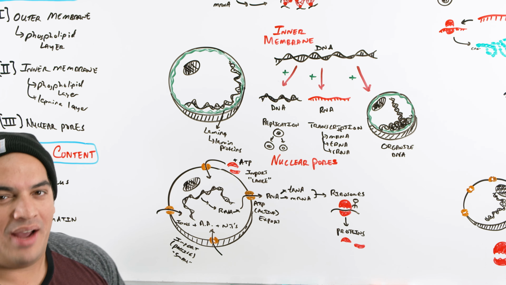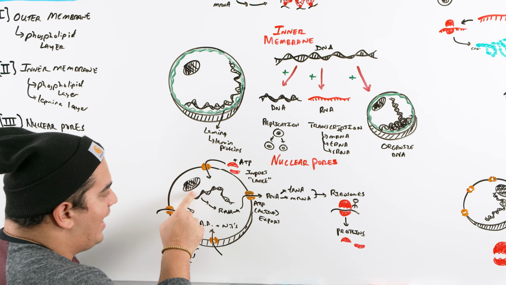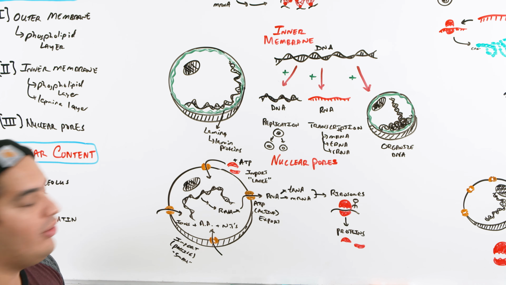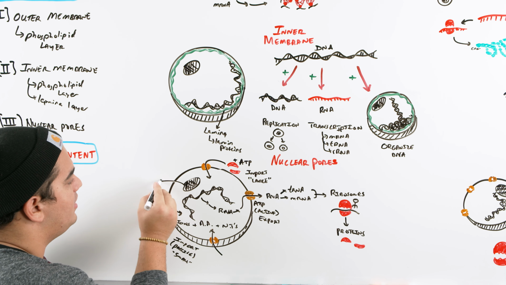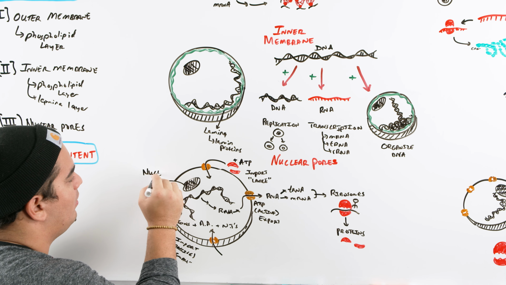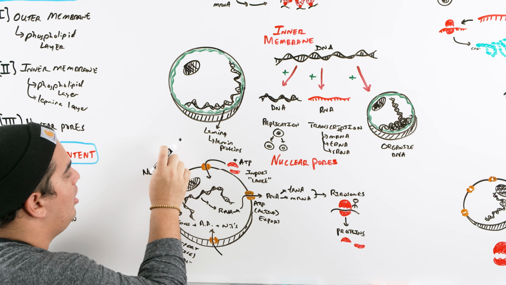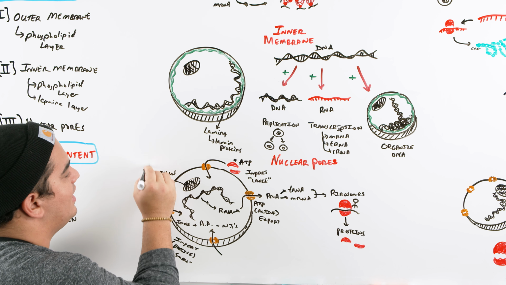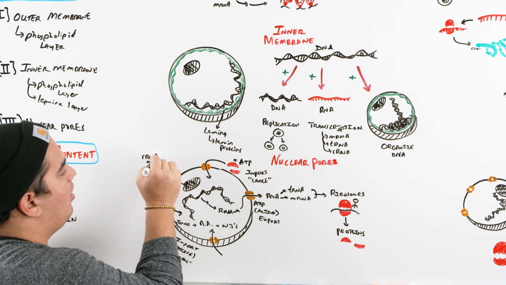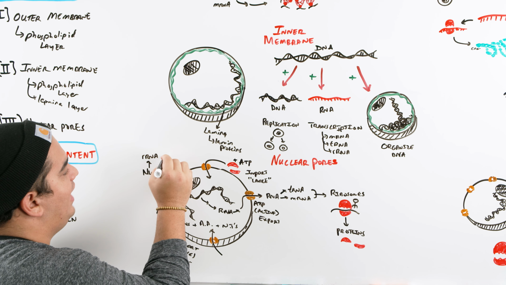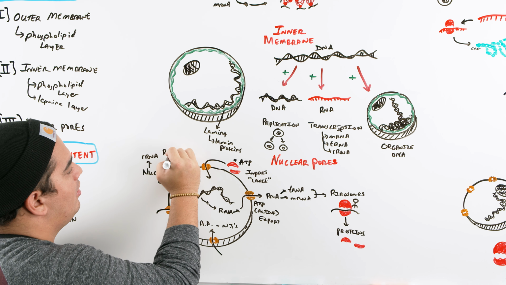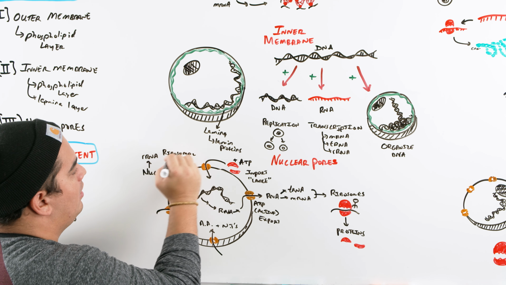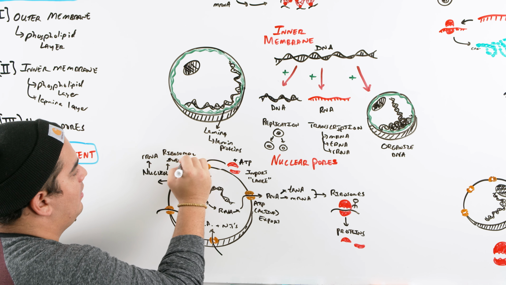One of the cool reasons why this is important is because inside of the actual nucleus, there's a structure here called the nucleolus, and we'll talk about this in just a little bit. The nucleolus is really important because it contains rRNA, and it contains ribosomal subunits.